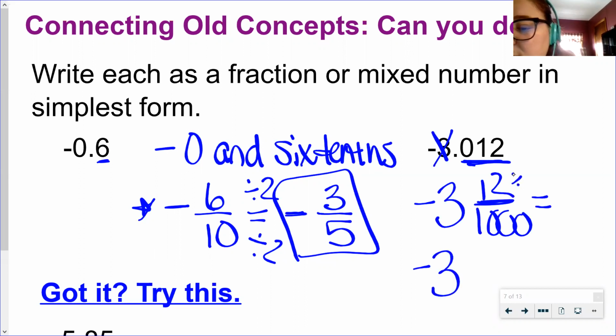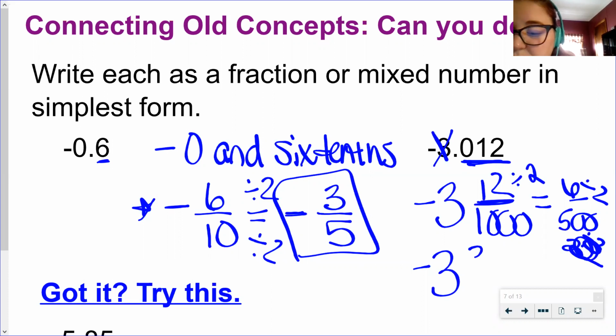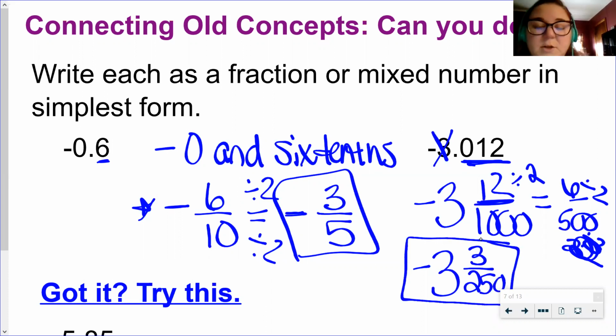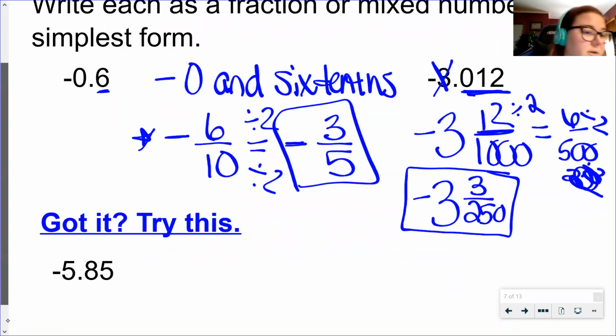I could cut this in half, which would be 6 over 500. Cut it in half again, which would be 3 over 250. And then I'm done. So same idea. Only difference, guys, is the negative. Big whoop. Nothing really different there.